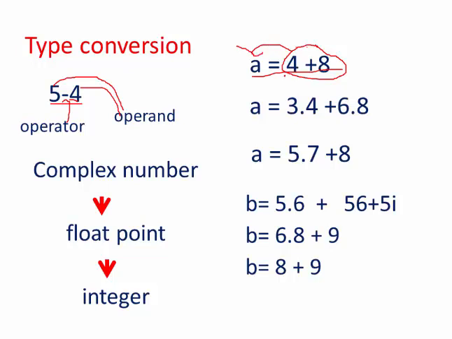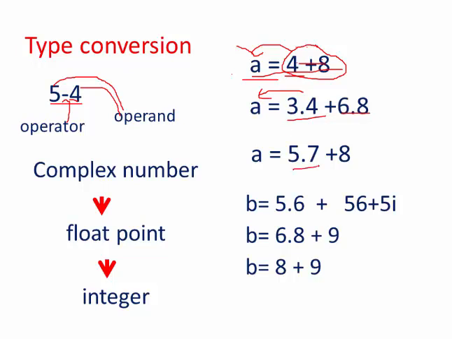If both are integer types, when they get added and stored in A, the resultant data type will definitely be integer. If both are floating point, the resultant data type will be floating type. So there is no doubt.